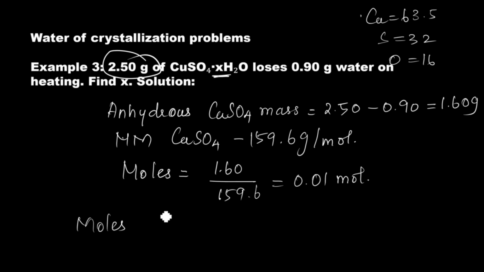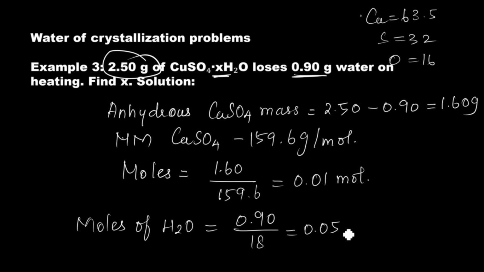We know the molecular mass is 18. So moles of water, the lost amount is 0.90. So 0.90 divided by 18, which will be 0.05 moles, which is in the ratio of 1:5.